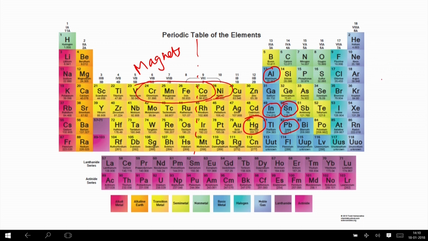So, superconductivity in the earlier days was seen in these materials, and from the color code presented in this periodic table, there are basic metals that form superconductors, and there are also transition metals and semimetals and so on.